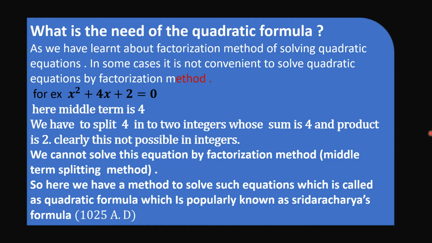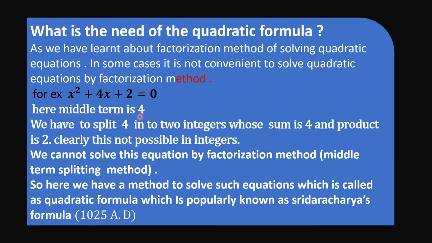Sometimes when the factorization method is not applicable to solve quadratic equations, in mathematics we have another formula, called the quadratic formula, for solving such equations. That formula is also known as Shridharacharya's formula, invented by an old mathematician. Here an example is given for clarification. This is the equation x square plus 4x plus 2.